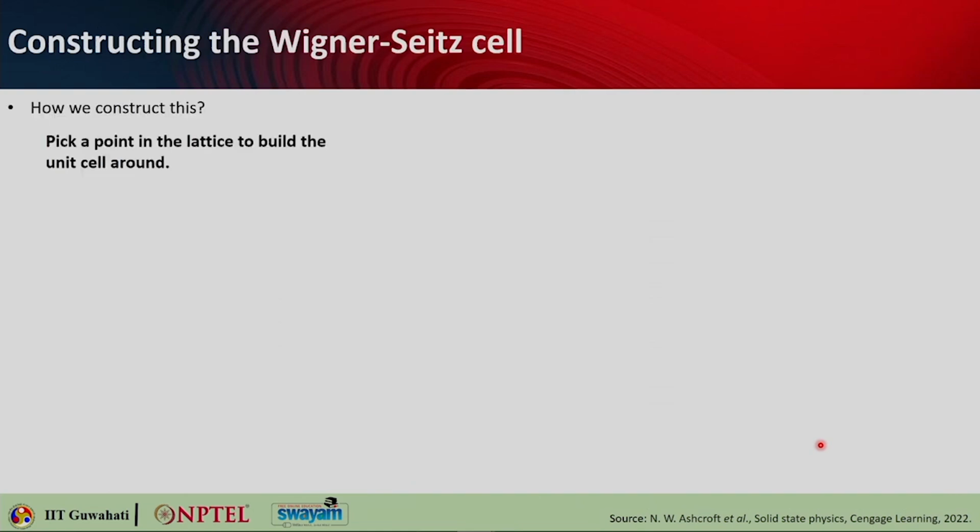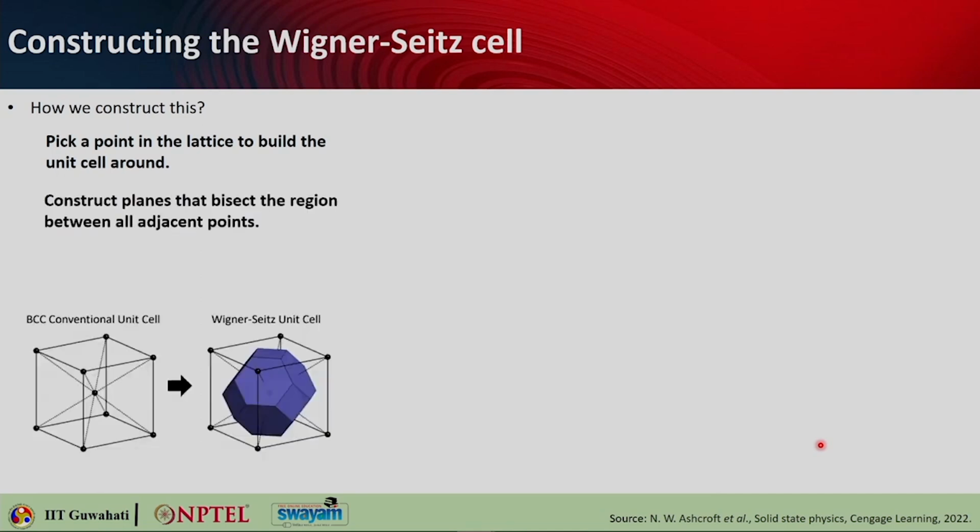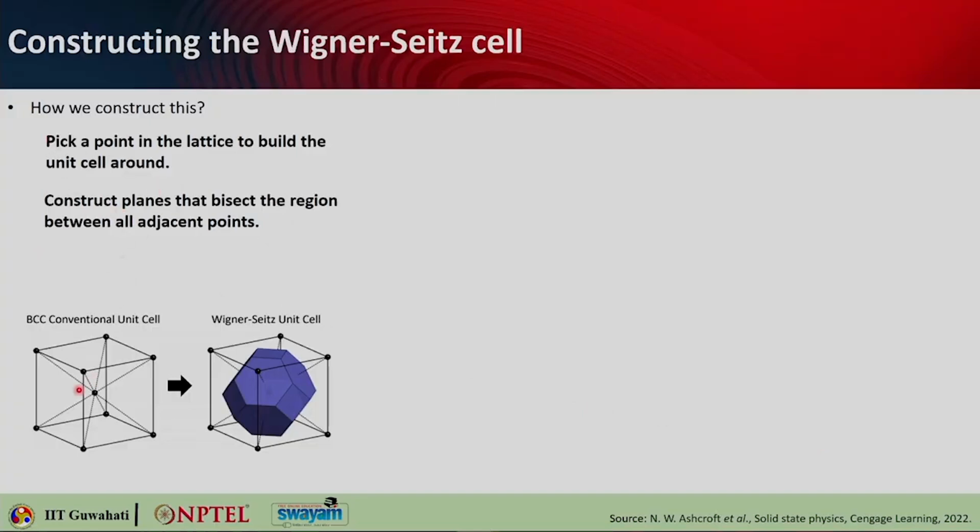Now the last thing that remains here is to see how you construct the Wigner-Seitz cell or the Brillouin zone. We will come to the Brillouin zone because the concept that we will see here in the Wigner-Seitz cell is very similar. The Wigner-Seitz cell happens in real lattices and the Brillouin zone happens in reciprocal lattices, and the construction of this cell is also very similar. So how do you construct it? Pick a point in the lattice to build the cell around.